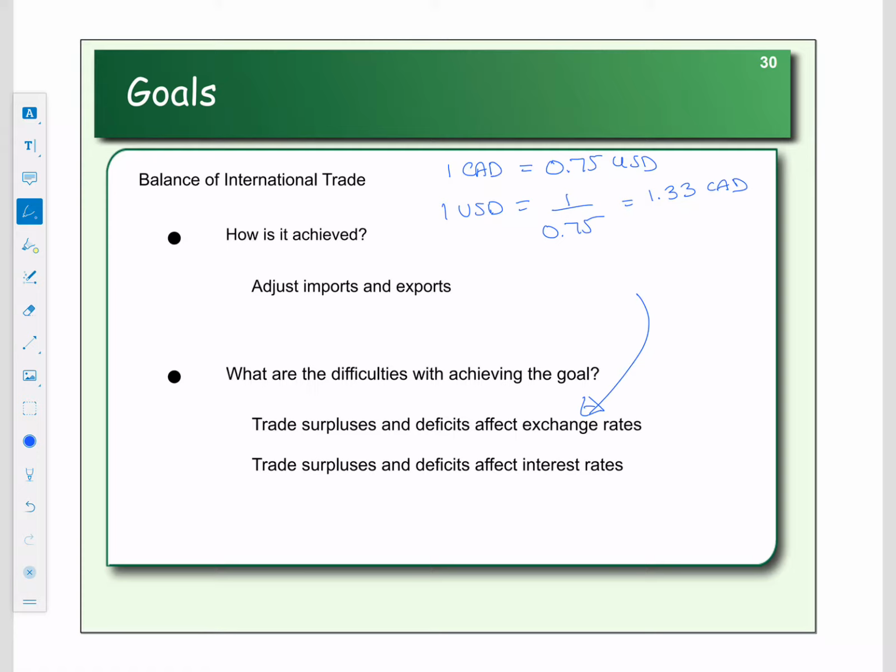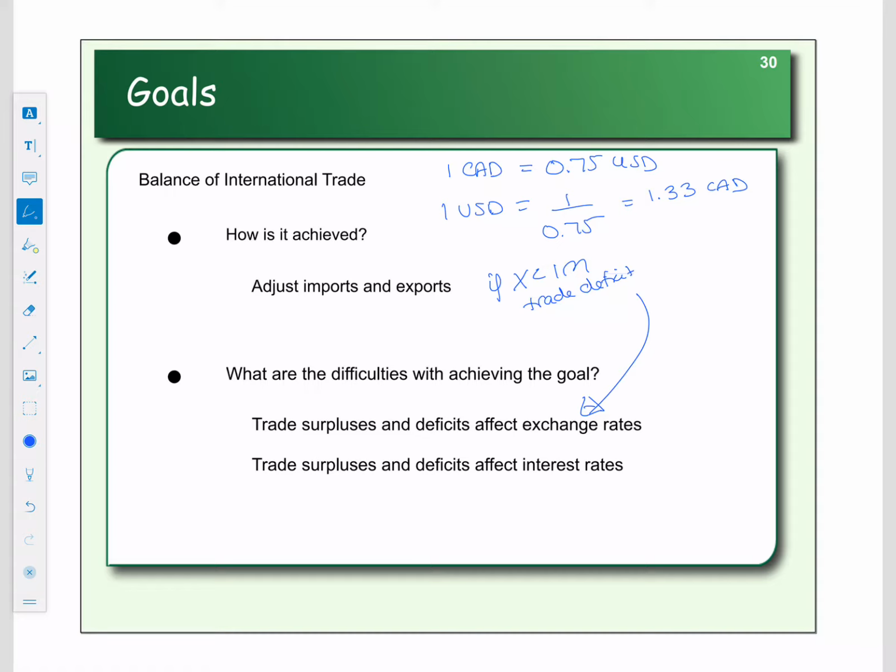All right, so how does a trade surplus or a deficit change the exchange rate? Let's suppose that our exports are less than our imports. If our exports are less than our imports, do we have a trade surplus or a trade deficit? We have a trade deficit, because imports is money going out, goods coming in.